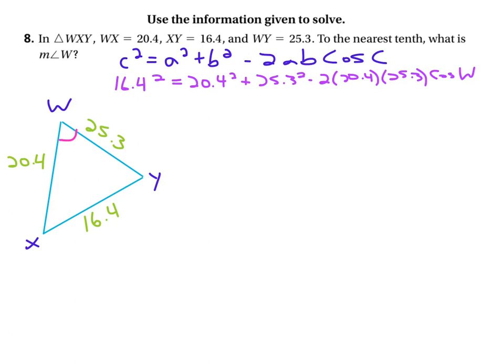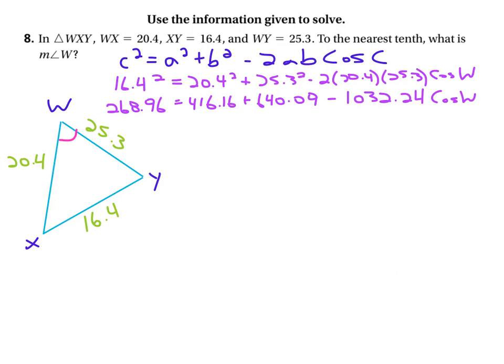So we do 16.4 squared, and we get 268.96 equals 20.4 squared is 416.16 plus 25.3 squared, 640.09 minus, and now I'm just going to do 2 times 20.4 times 25.3 equals 1032.24 times cosine of w.